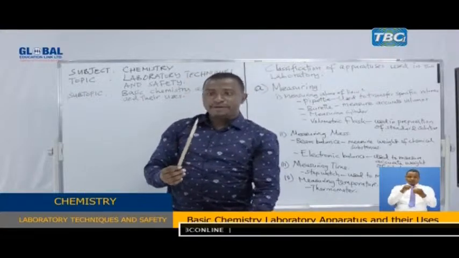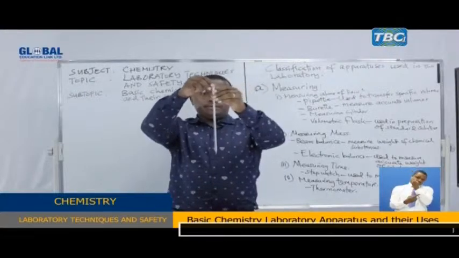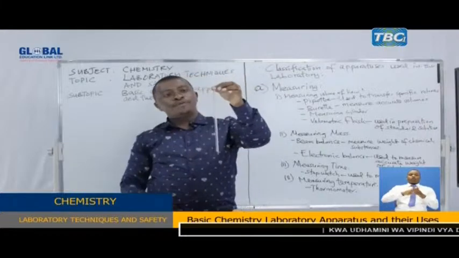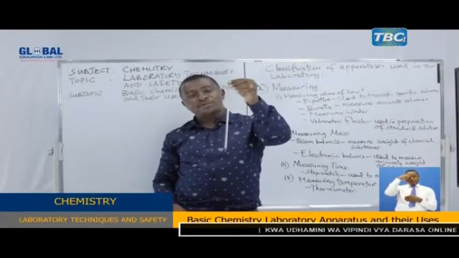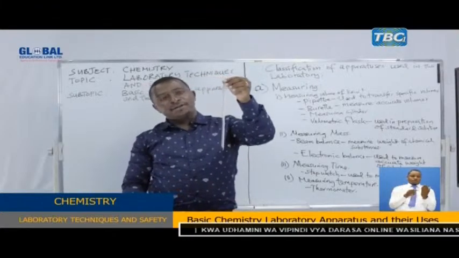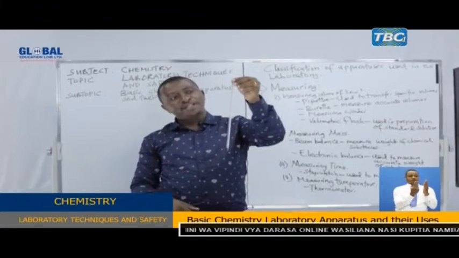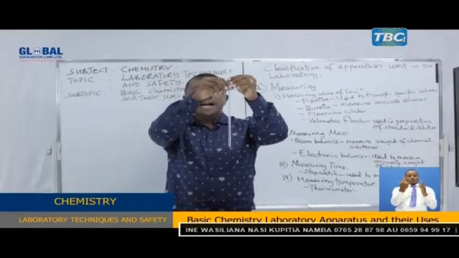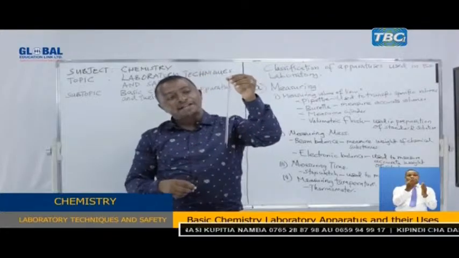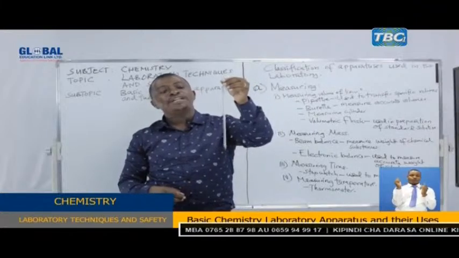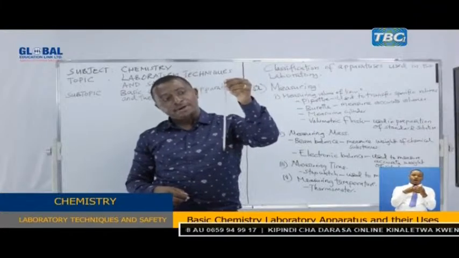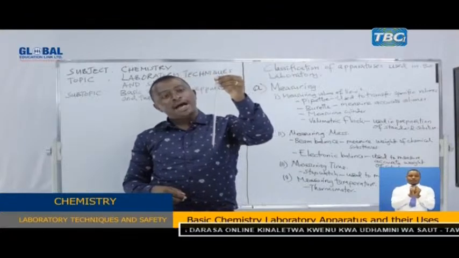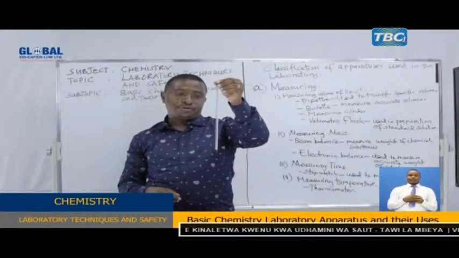So just open. This is a thermometer, and most of the thermometers used in the laboratory are calibrated. There are some which are calibrated from 0 centigrade to 100 centigrade, and others are calibrated from -10 centigrade to 110 centigrade. And most of the thermometers found in the laboratory are made up of mercury.